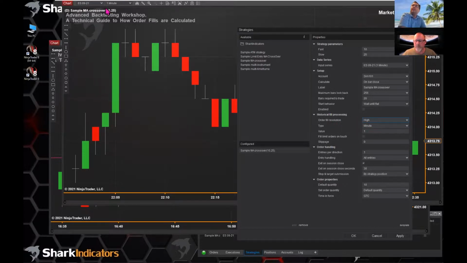If I'm back testing on a 1 minute chart, I can actually tell NinjaTrader to back test my trades on a 1 tick chart, right? So NinjaTrader can see where exactly the market was moving that built this 1 minute bar.